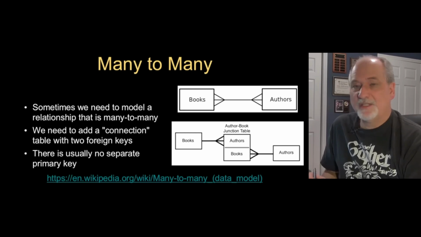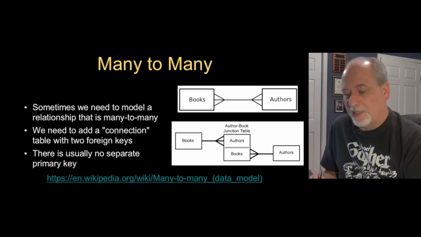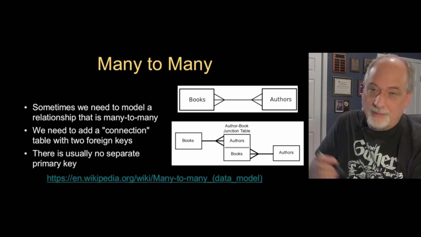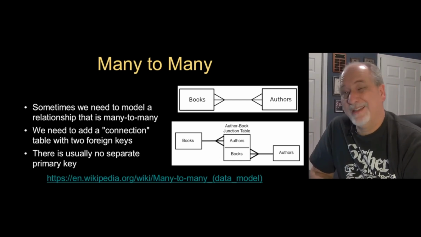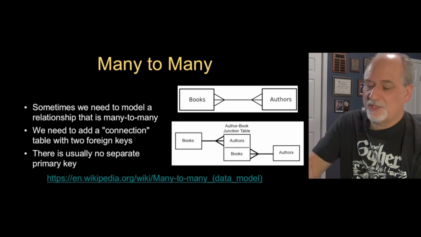So you don't have the one side. There's no one. And so you have to build what I call a connector table. They call it a junction table on Wikipedia. We need a little table that allows us to break a many-to-many relationship into, in effect, two many-to-one relationships. And so this is a connector table.